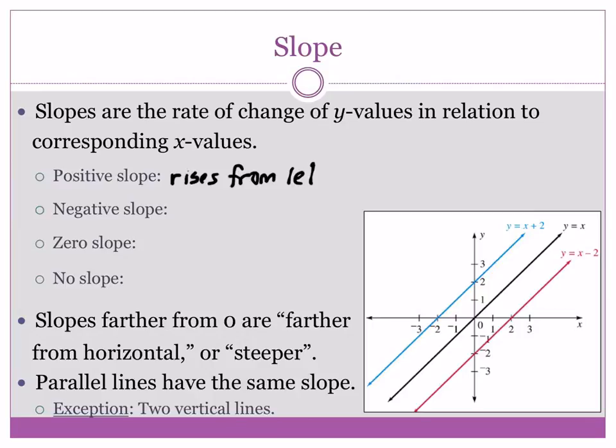We always read our graph from left to right. It rises from left to right. A negative slope, what does it do? We'll always read it from left to right, so I don't want to change that part. It lowers or it decreases. So you could also use the word it falls. It falls from left to right.